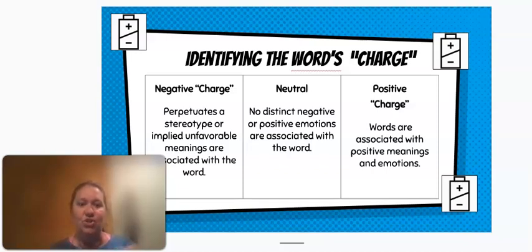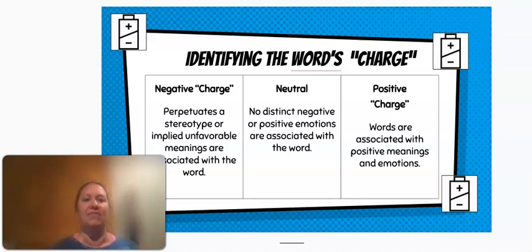What words do they choose so that they can still reach that other side? Okay, then neutral, that's very logical. It's neither positive or negative. And then positive charge, which you would think would be helpful, but there are times when you need to just stay neutral and not be obvious in picking a side.